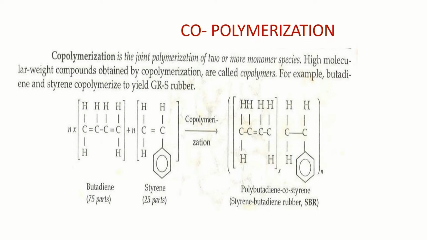This polymer product is formed by reacting n number of butadiene molecules and n number of styrene molecules. The butadiene molecular formula is CH2=CH-CH=CH2. So, n number of butadiene and n number of styrene molecules are present in the reaction vessel in the presence of temperature, pressure and catalyst to form a poly(butadiene-co-styrene) polymer. In this reaction, two types of monomer are involved and no byproducts are formed. This type of reaction is called copolymerization.